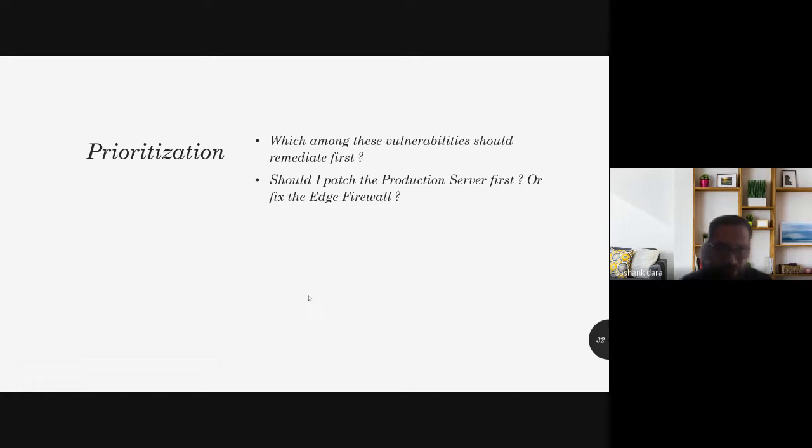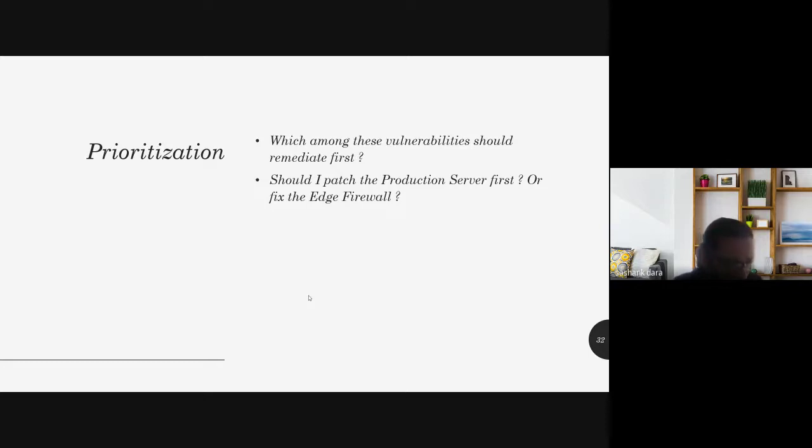So when it comes to prioritization, which among these vulnerabilities should I remediate first, right? I'm just taking the Log4j example all over because that's the most recent one and people could relate to it.